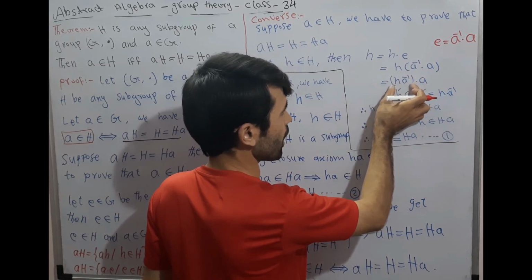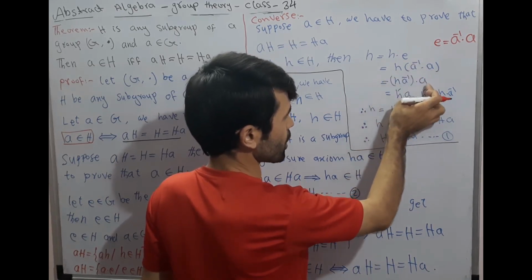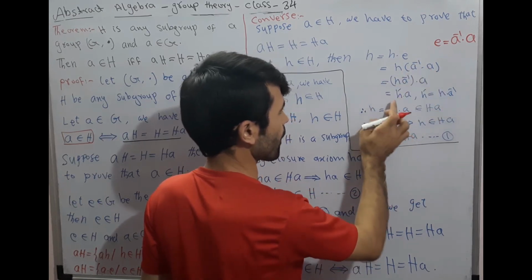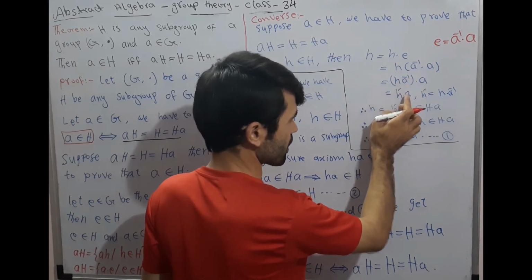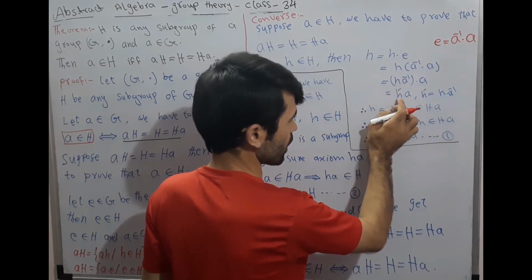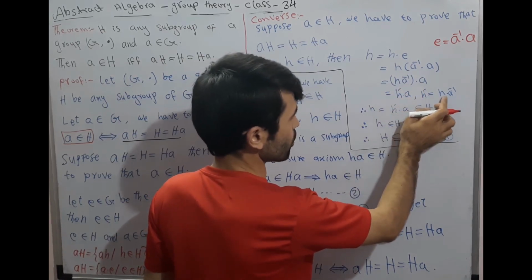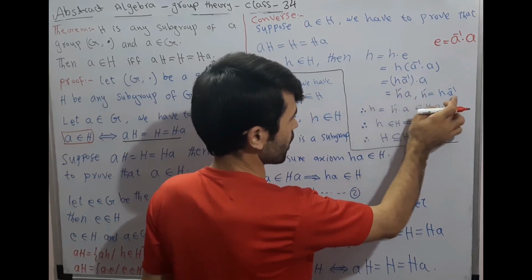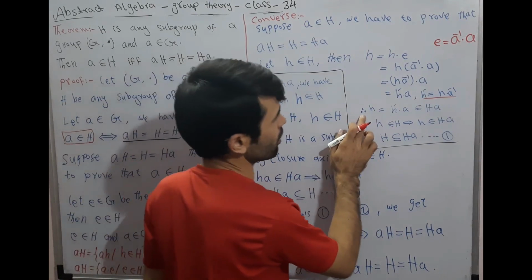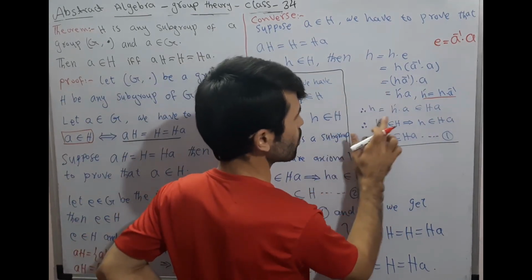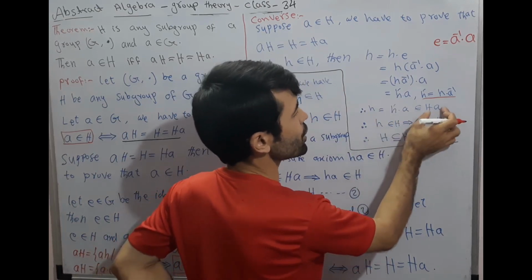By the associative axiom, we can write h = h·a⁻¹·a. We put h' = h·a⁻¹, the value of h'. Therefore, h = h'a belongs to Ha.